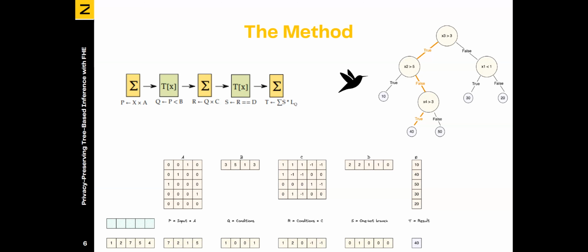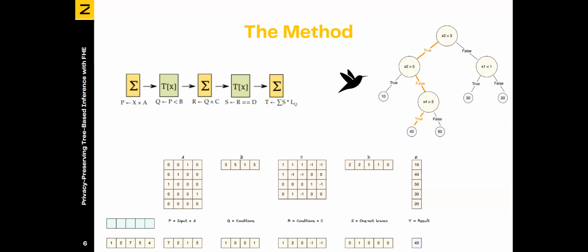We have taken the second branch in the example on the top right. And you can see that at the end of the D computation, you have the second bit activated, and the rest of the bits are 0. All of this is still encrypted. And finally, you multiply by the values in E, which correspond to the different expected values in the leaves, and you will have 40, which is the expected value at the output of the tree.